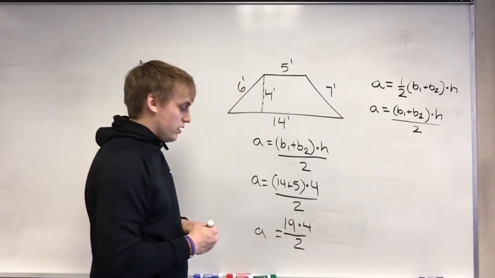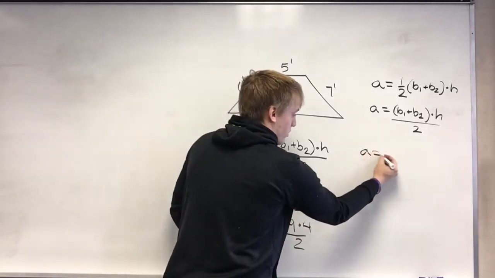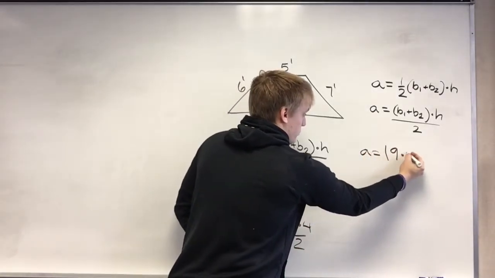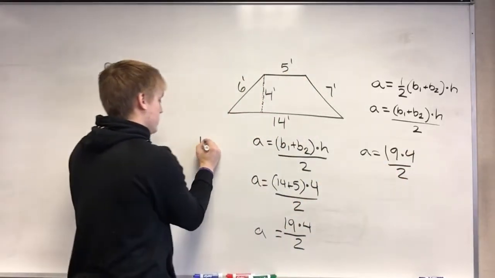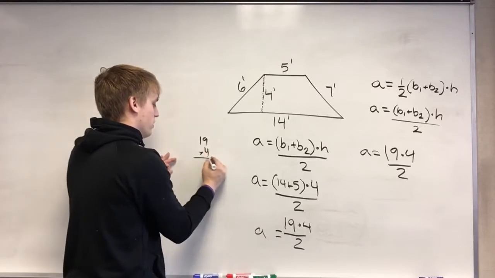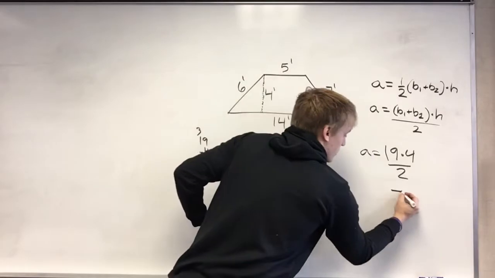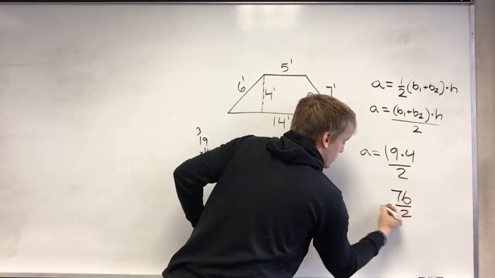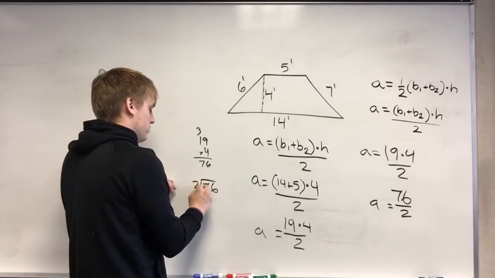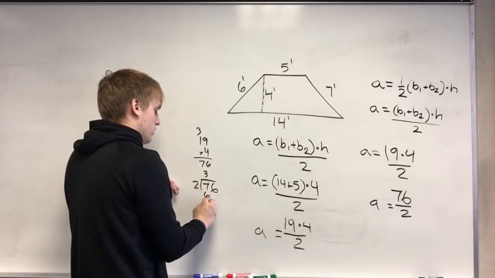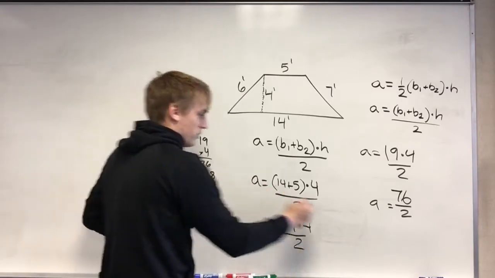I'm going to rewrite this part up here so we can see it a little better. 19 times 4 divided by 2. 19 times 4, if you don't know that, you can do it on the side. So 19 times 4 is 76. 76 divided by 2 is 38.